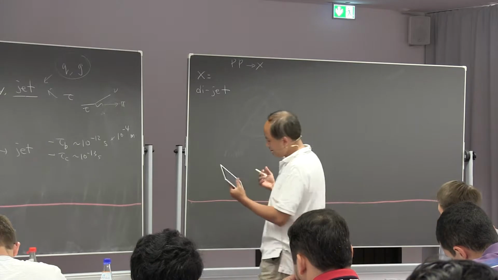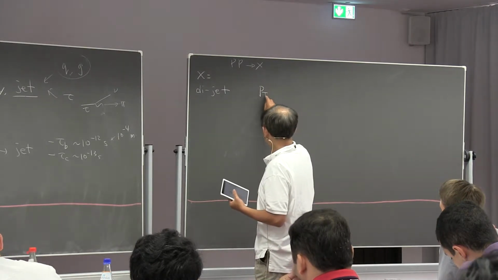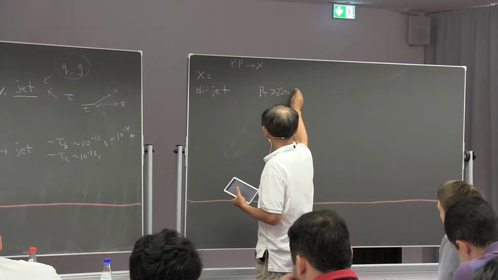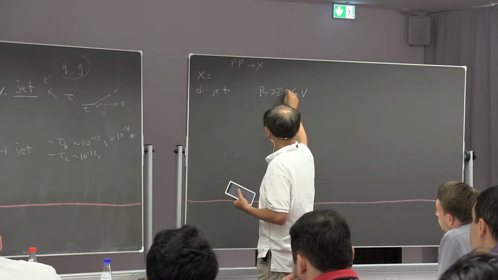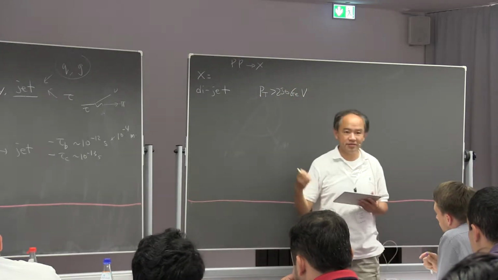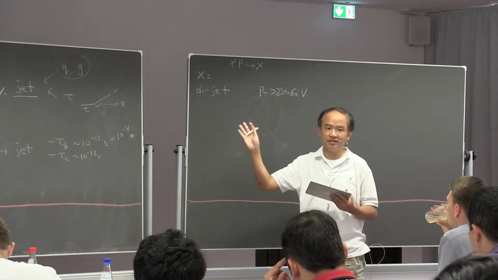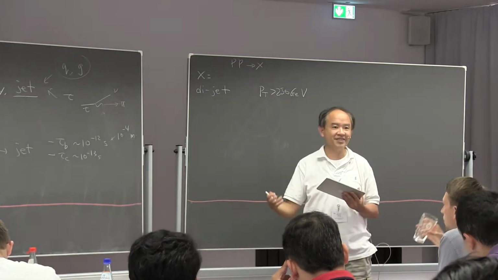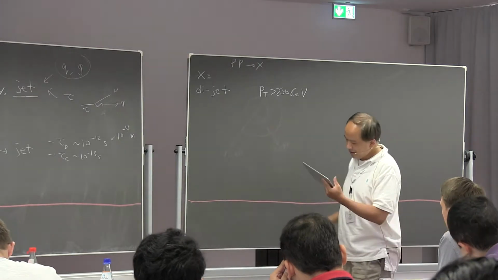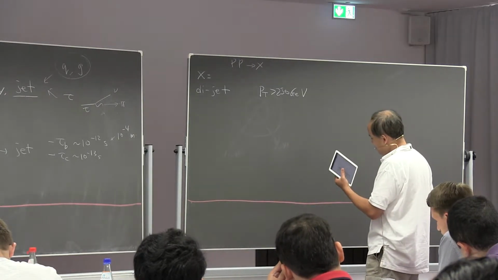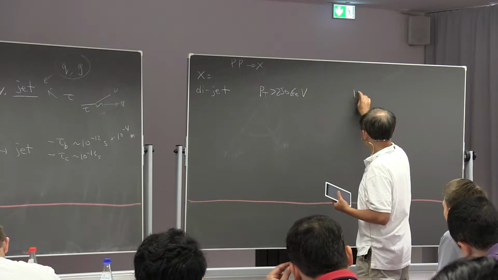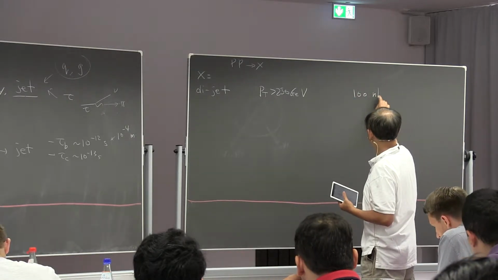So let's give it a cut: pT greater than 250 GeV. Remember pT is a good kinematical variable to think about. That's not necessarily the only cut you can put, that's just to guide your eyes. And that cross section is at 100 nanobarn.